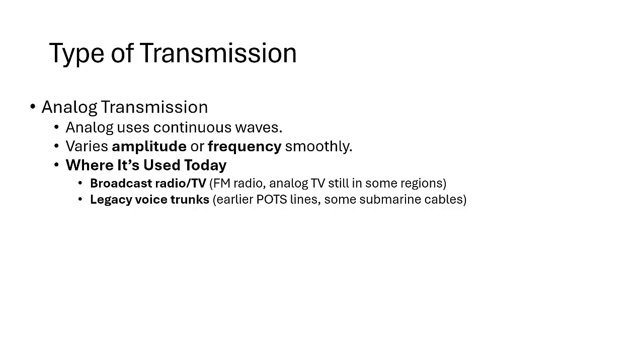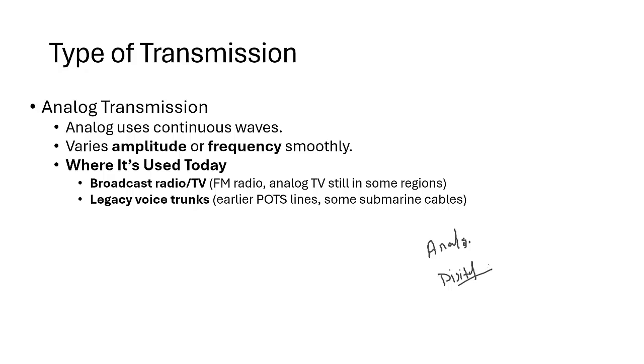Okay, so next topic. In a computer network, we have two ways of transmitting data. We have two types of signals, which we call the nature of signal. One is called analog, and one is called digital.